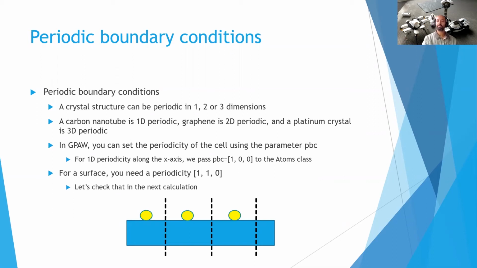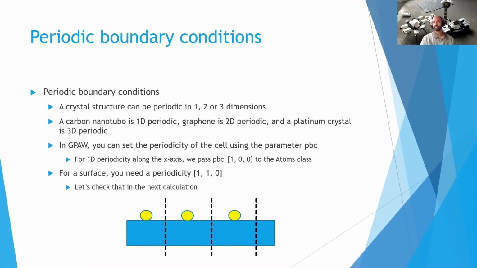In GPAW, you would set this by PBC equals 1, 1, 1. If the system is like graphene, 2-dimension periodicity, then it is 1, 1, 0 in this list here. If the system is like a nanowire, then it is 1, 0, 0. And this PBC here is a setting that you put when you are instantiating the atoms object. Now in the next exercise, we're going to be doing a slab calculation.